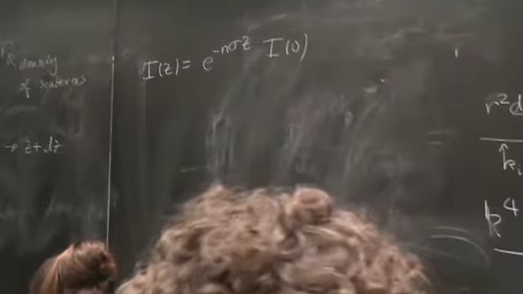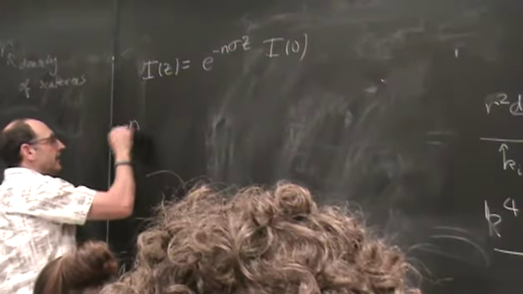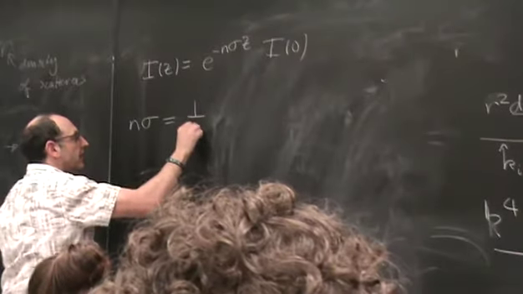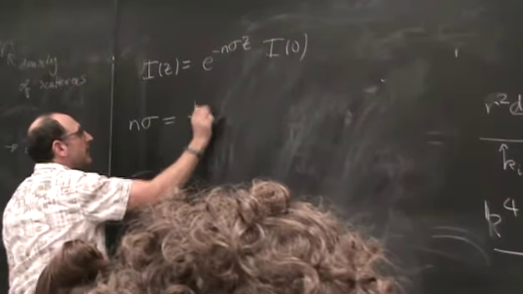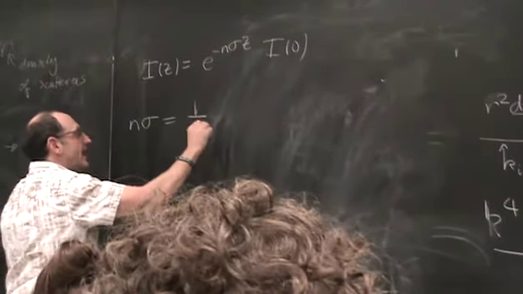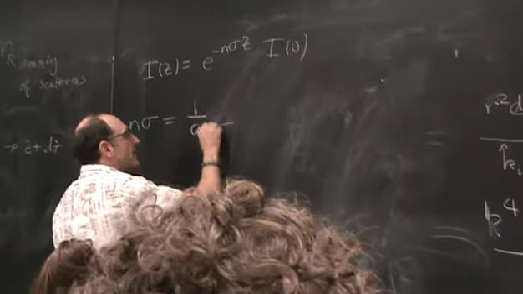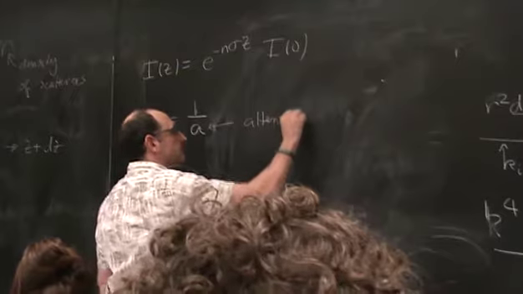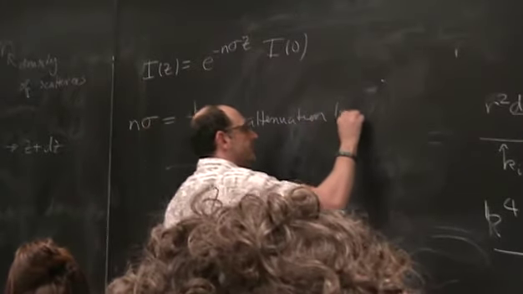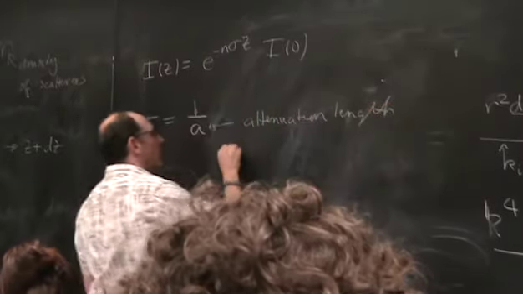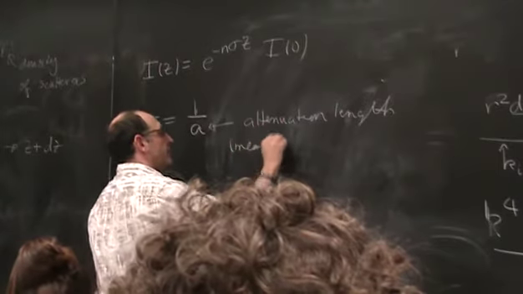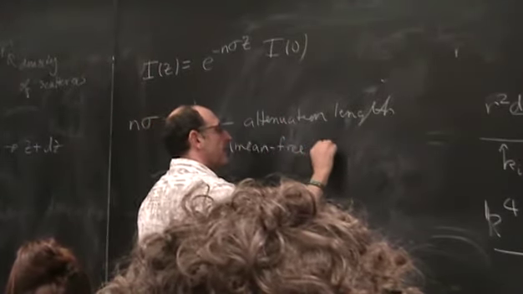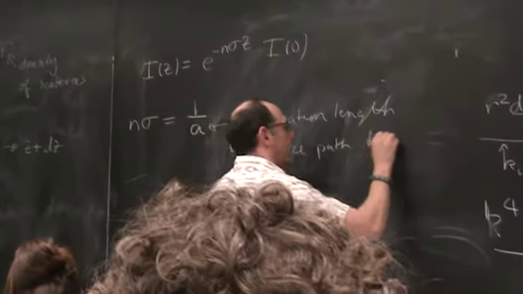Okay? So n, the density, times sigma, is equal to 1 over some, I'll call it A. A is the attenuation length, also known as the mean free path for scattering.